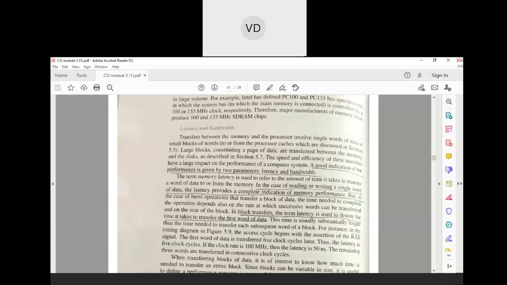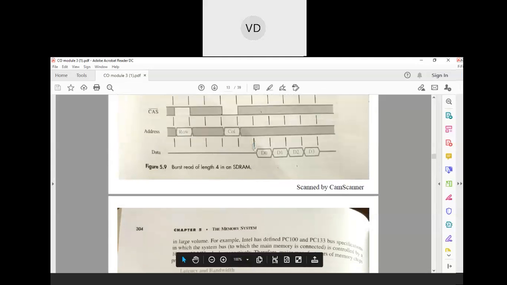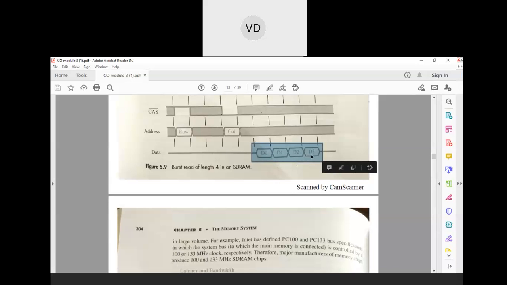Then when you are doing the block transfer, the latency denotes the time it takes to transfer the first word of data. See here, we are doing block transfers, is it not? We are transferring 4 bytes of data, this is one complete block. Let us consider we have 512 bytes of data in this block.